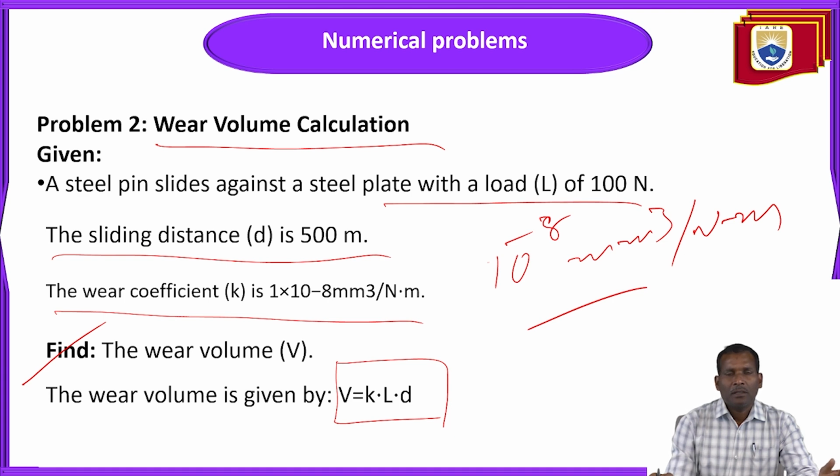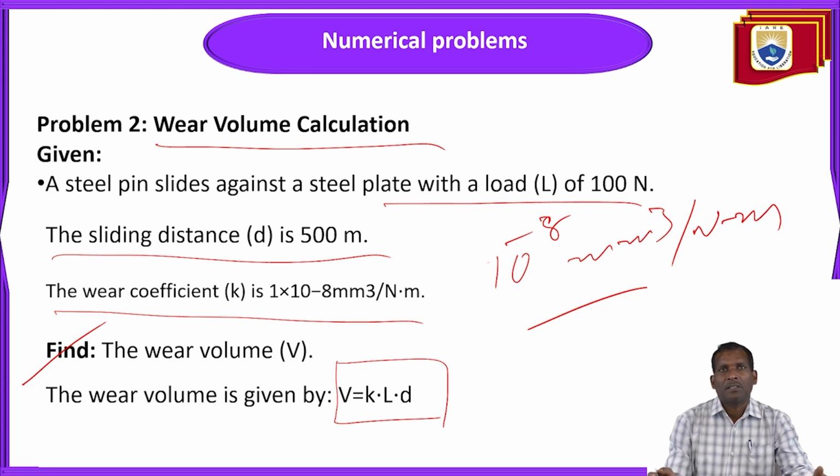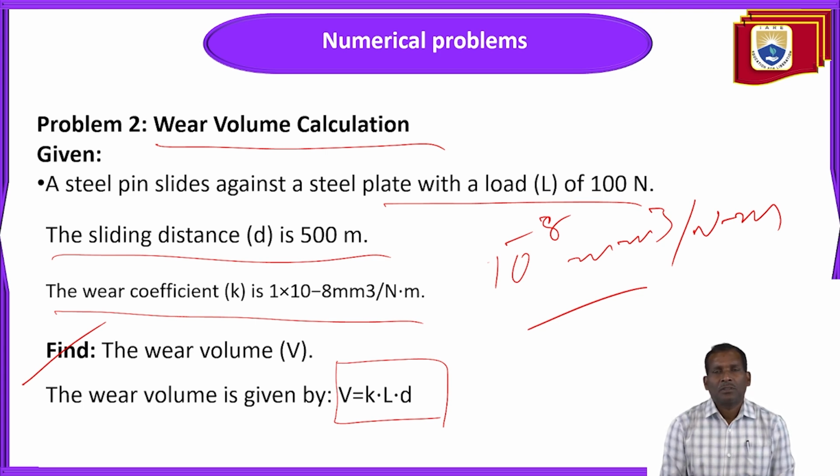Practically, we calculate this wear and friction by using a pin on disc. A pin slides on a disc. Whenever this pin slides against a steel plate, that is a steel disc in rotary motion, we apply load and sliding distance, and you can change the sliding distance, that is 500 meters.